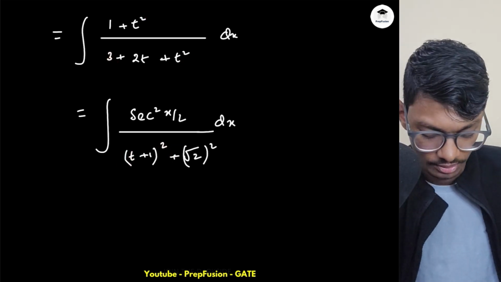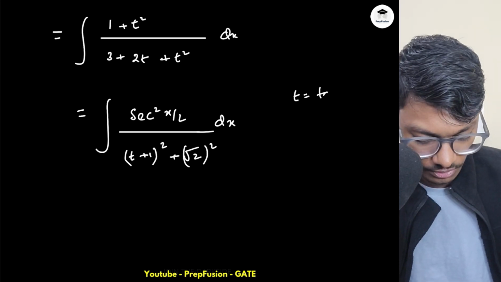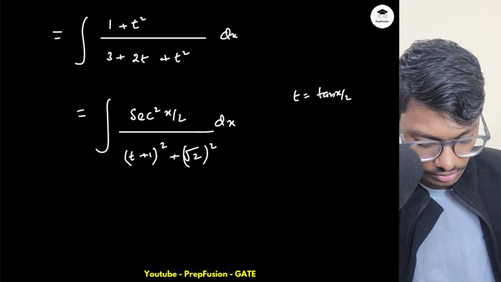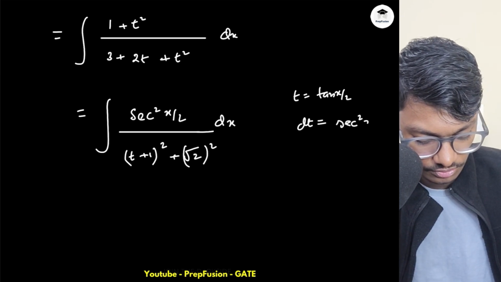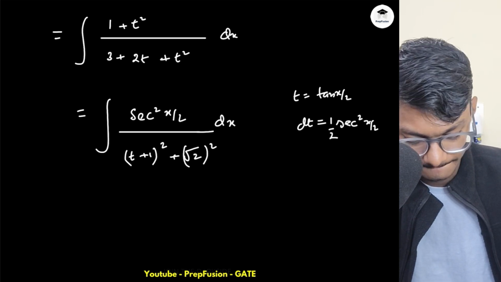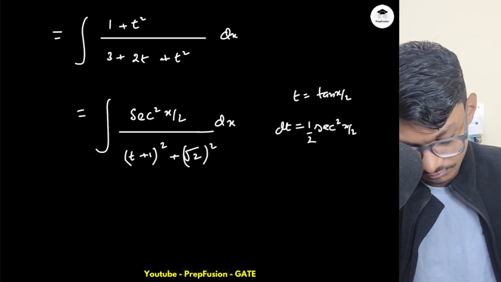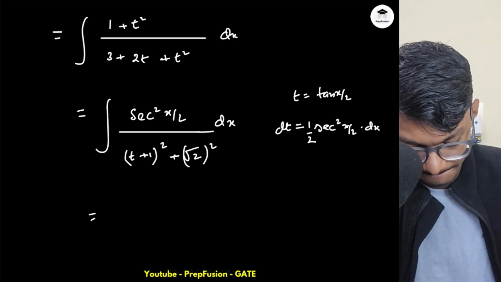So now, obviously t is equal to tan x by 2, so dt will be equal to sec square x by 2 into 1 by 2 into dx.